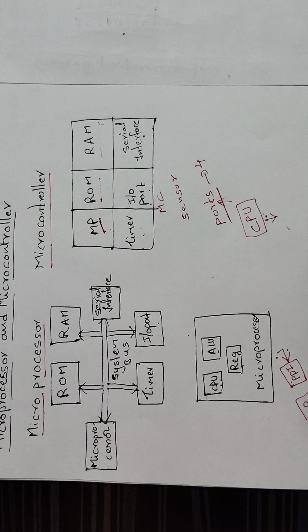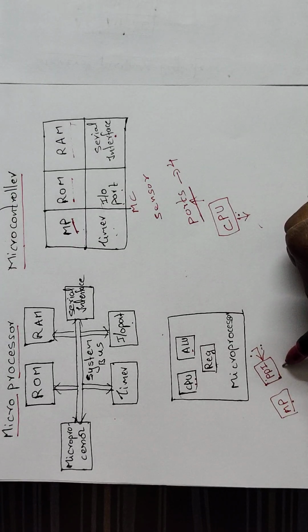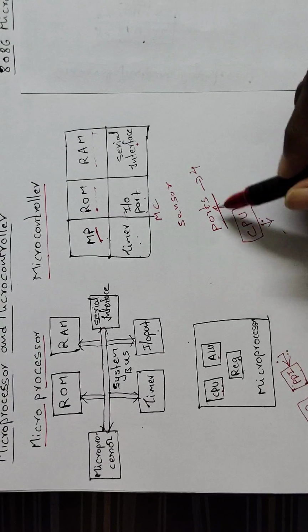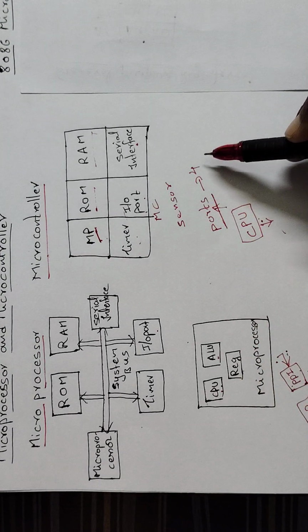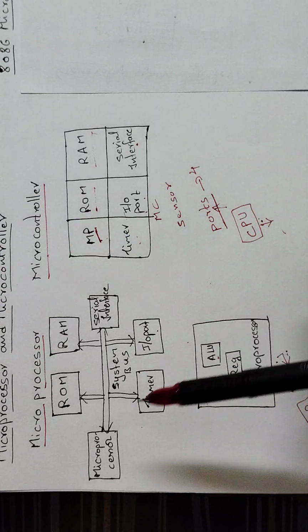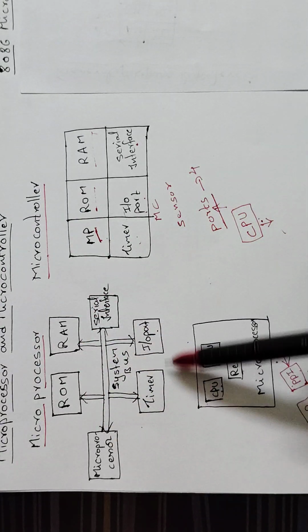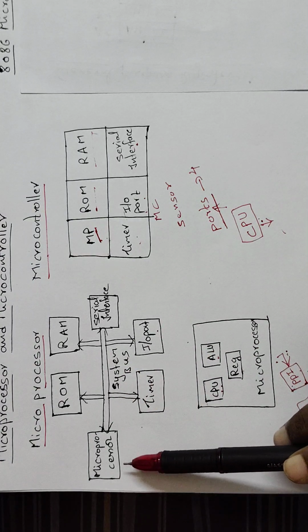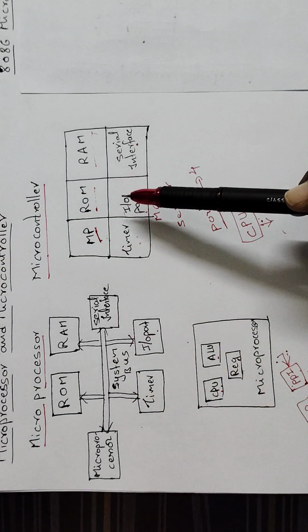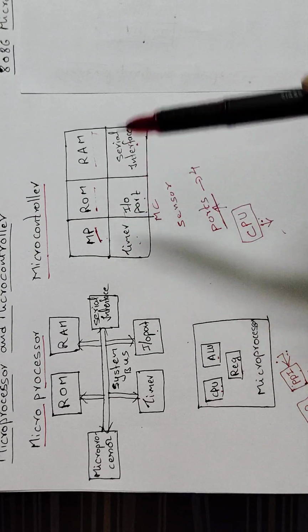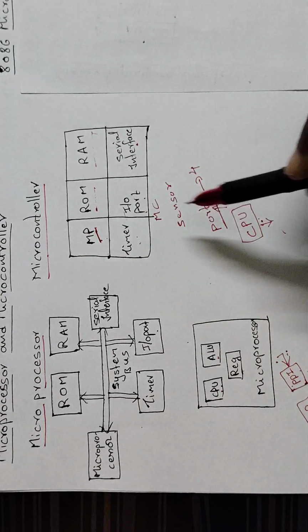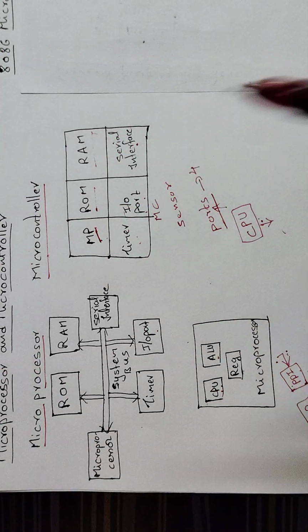That means in between the processor and external devices, we have to use one more IC for interfacing. That is not needed in a microcontroller, and it is one of the major differences between microprocessors and microcontrollers. The ROM, RAM and other parts have to be interfaced externally to the microprocessor, whereas in a microcontroller all of these are designed inbuilt in the IC.